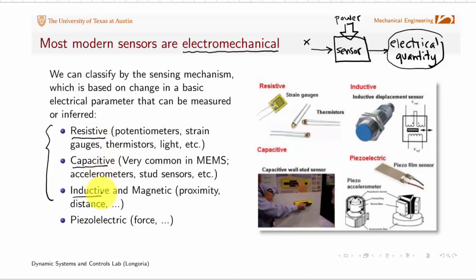The parameters that change for capacitive and inductive sensors are capacitance or inductance, and so you build circuits around the sensor so that you can detect those changes, usually converting those parameter changes into some kind of voltage. Another class of sensor is piezoelectric, which we may talk about later when we introduce accelerometers and other kinds of sensors. This image here just shows a few different types of these sensors: resistive, capacitive, inductive, and piezoelectric.